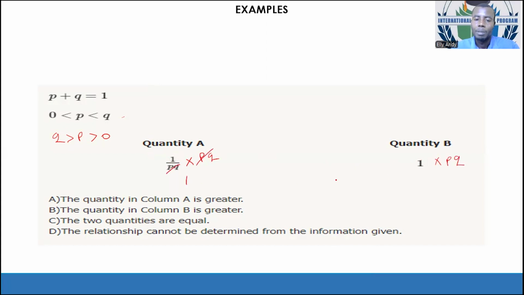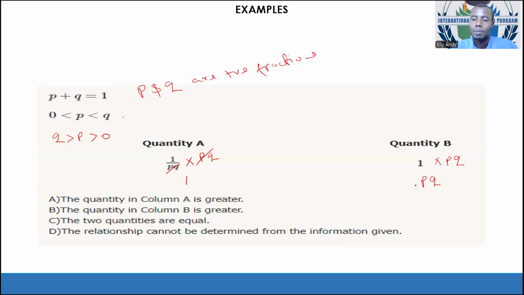Here we'll end up with positive 1, and this side will end up with PQ. And remember, both P and Q are positive, and if you add them, you get 1. So what does that tell us? That shows that both P and Q are positive. P and Q are positive fractions.